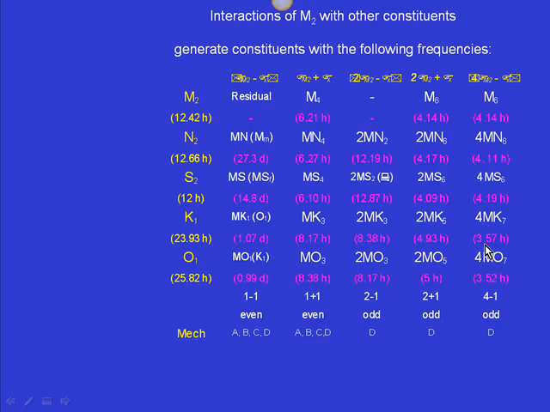And that's the interaction of 4 times the M2 minus the K1. So in strongly nonlinear systems where you have the influence of both M2 and K1, you might be able to identify this weird distortion that's close to 3.57 hours.